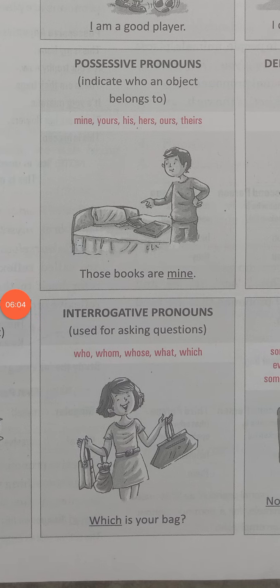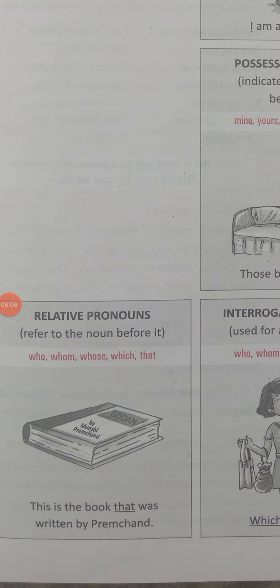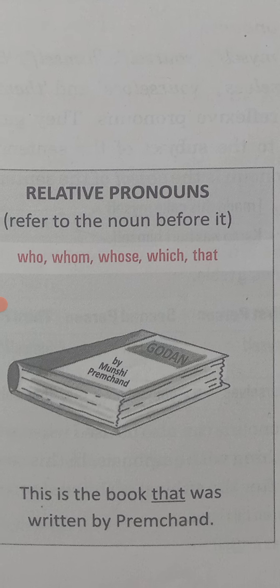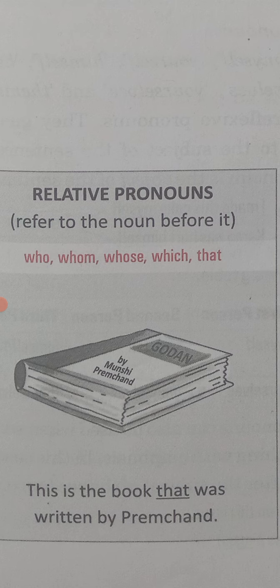Now the next one is your relative pronoun. So relative pronoun, what is relative? Relative pronoun is something where you will find any link, any relation between two lines, between two sentences. Like this is the book is one sentence, that was written by Premchand. So because of the word that, you are relating the book and the writer. So relative is showing us the relation between two things.